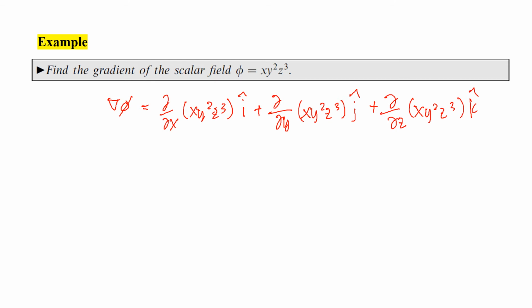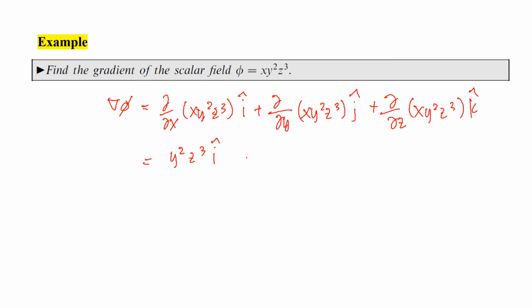What we just do is take the partial derivative with respect to x of your function first, then with respect to y, and then with respect to z. For the partial derivative with respect to x, we have y squared z cubed i hat.